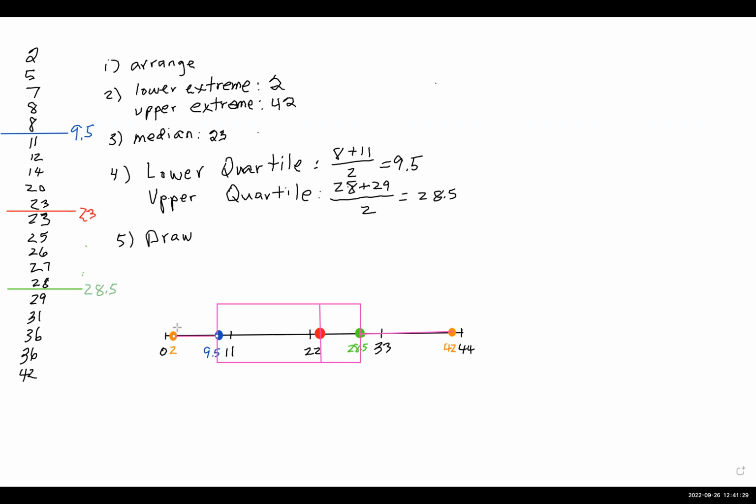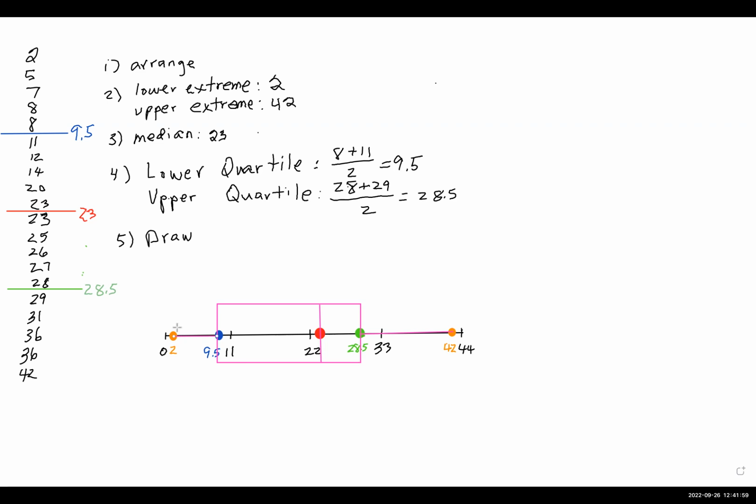But when we're talking about the actual size of those numbers, 2, 5, 7, 8, 8, this tells us there's more smaller numbers than bigger numbers. You can kind of see that when I was arranging it. When I got up to the 30s, there were only 3 numbers in the 30s, and only 1 in the 40s. But there was a bunch in the 20s and a bunch of single digits.